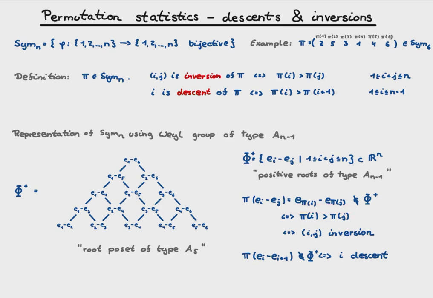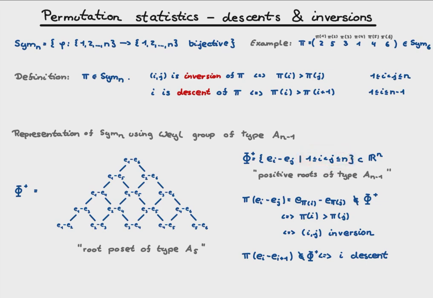And again, linking this with the definition of inversions already seen before, it follows that an inversion i, j of pi is equivalent to e_{pi(i)} minus e_{pi(j)} not being an element of Phi plus anymore, because it does not fulfill the defining property for being an element of Phi plus anymore.